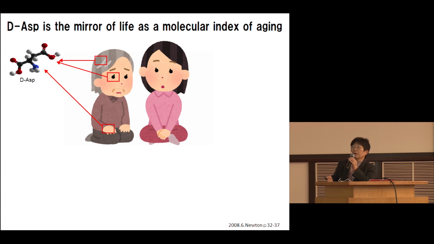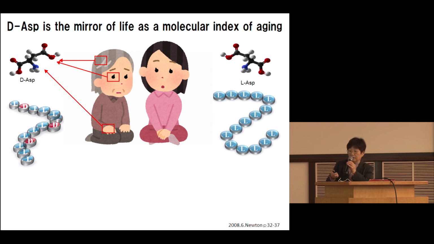But D-aspartate was found in the protein from the brain, eye, and skin, and other tissues. That is, proteins are composed of only L-amino acids in young women, but in elderly women, D-amino acid containing proteins were found in eyelids, skin, brain, and other tissues.